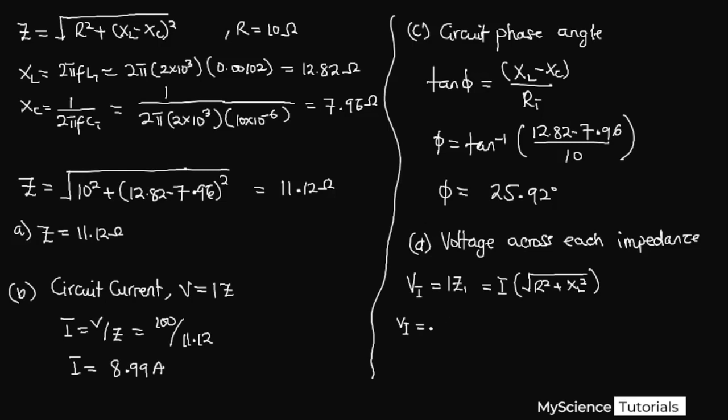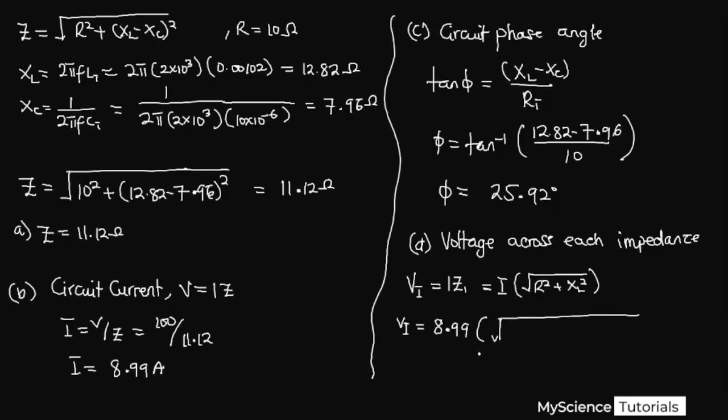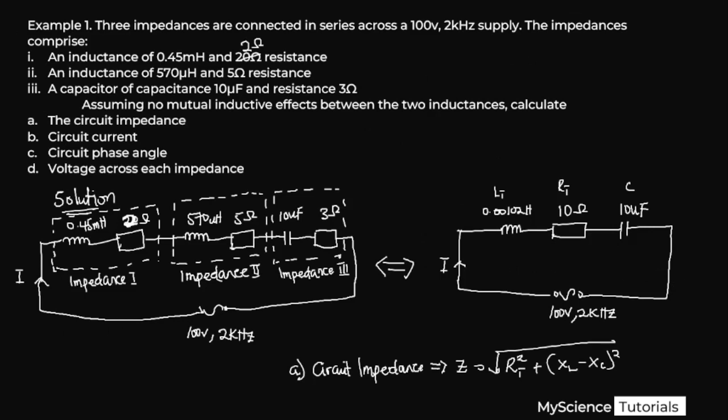Alright, so our V1 will be equal to our current that we found earlier, 8.99, multiplied by the root of the resistance, which in this question is 2, so we have 2 squared plus XL. XL is 2 pi F L, and the inductance here is 0.45 millihenry.